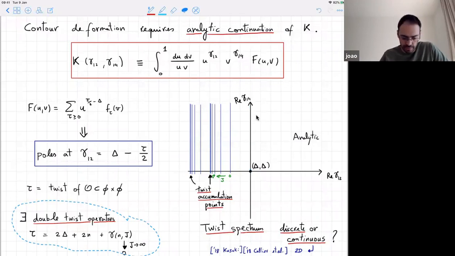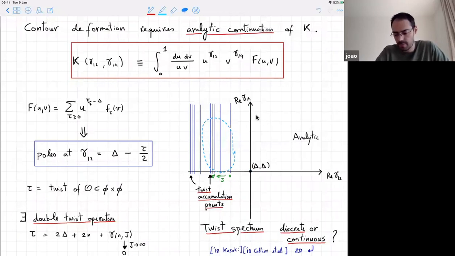So you see, if you have poles here, it means that you will have poles that accumulate. So you'll have an accumulation point of poles in the Mellin amplitude. Okay? Sometimes this is not very much emphasized. So when we say the Mellin amplitude is meromorphic, strictly speaking, it's not meromorphic because it has all these essential singularities, which are accumulation points of poles. So it doesn't have branch cuts, but it has these very nasty singularities.